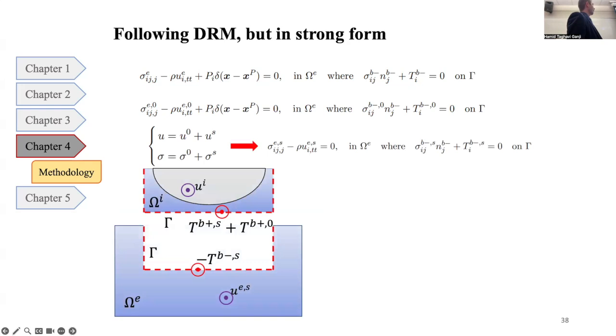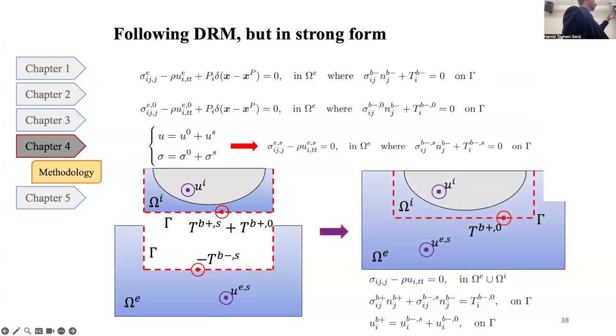And by knowing the fact that the responses are the summation of the free field and the scattered, we can subtract these two equations from each other, and we see only the scattered components will show up in the equation. So for the exterior part, all we have is the scattered component, but for the interior part, everything is based on the total responses.